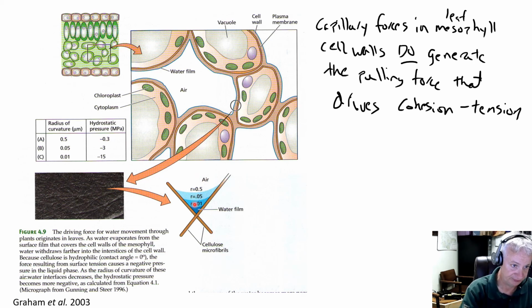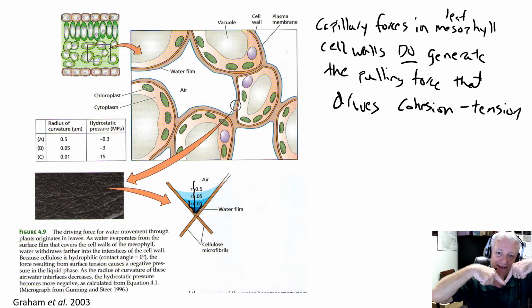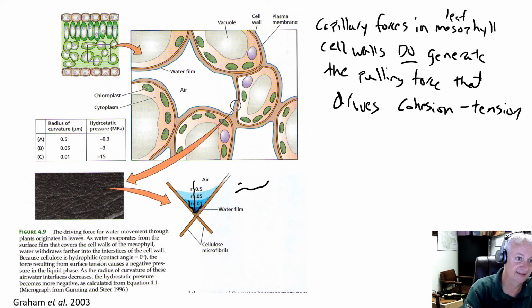So as more water evaporates, the radius of curvature of that meniscus becomes steeper and the pulling force becomes stronger. This meniscus generates the capillary pulling force.